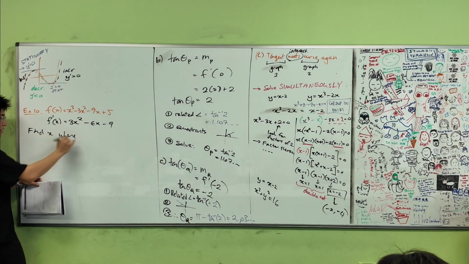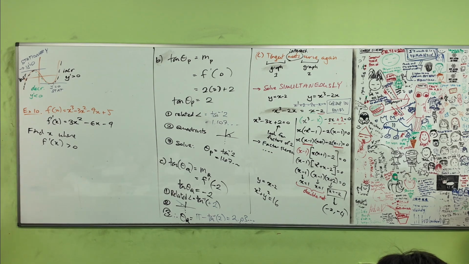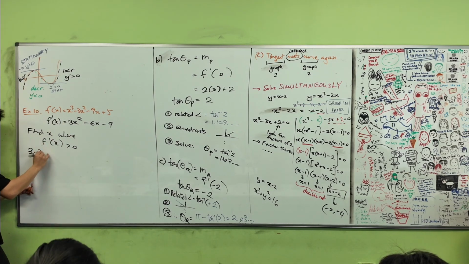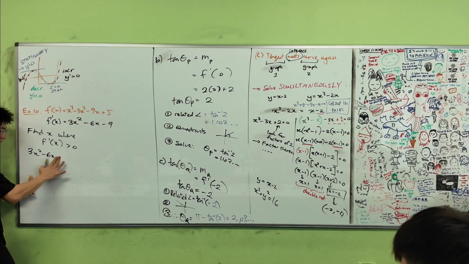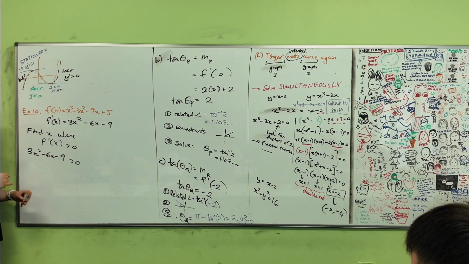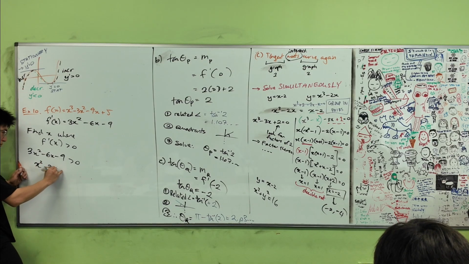Positive. So I'm finding x where f dash x is greater than 0. Are we okay with that, guys? Okay, I've got a quadratic here. 3x squared minus 6x minus 9 is positive. What could I do to both sides here to make my life easier? Divide by 3, thank you.